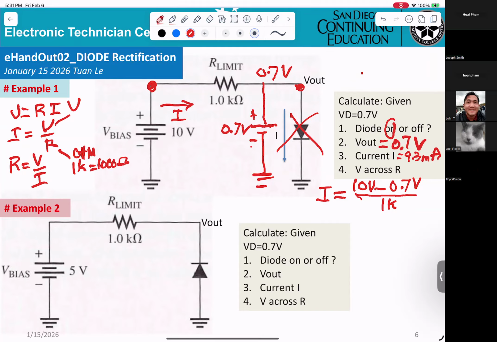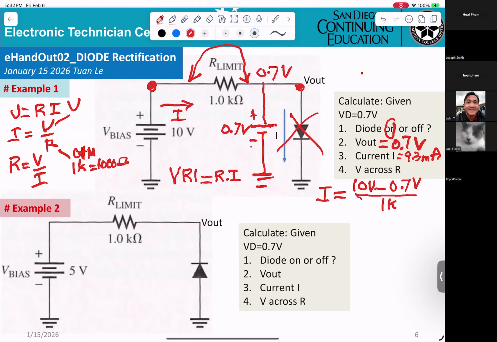Now, what is the voltage across here? VR, you know, Ohm's law: R times I. You already have R, you already have I, so you can calculate VR1.